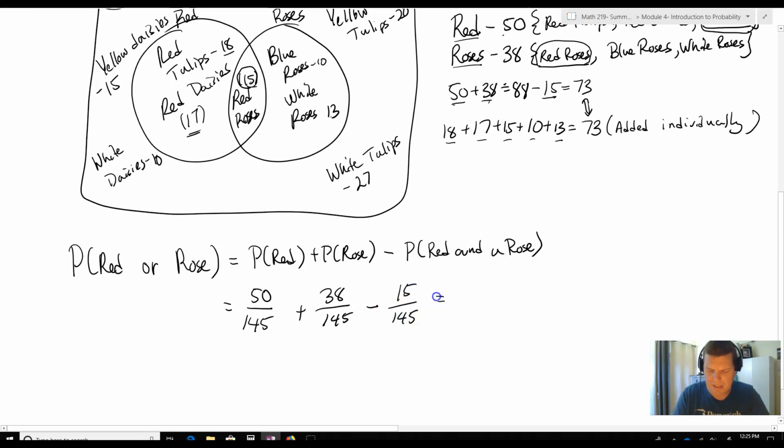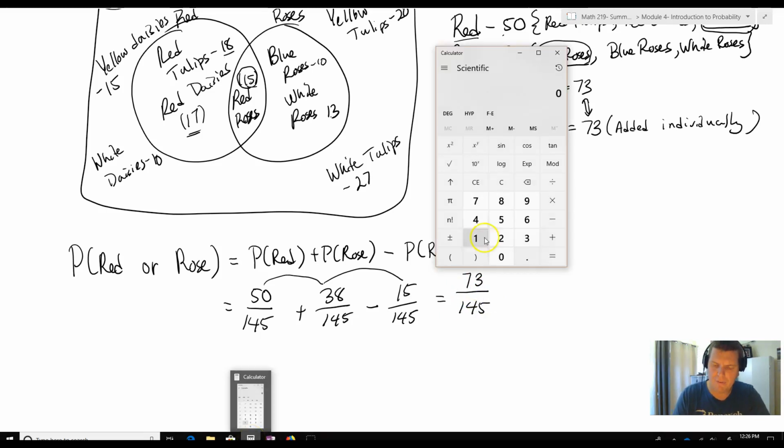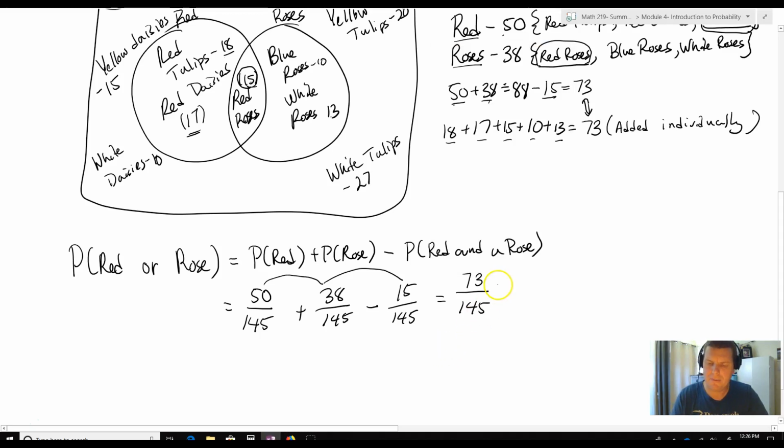And so you can actually see, remember adding fractions, 50 plus 38 minus 15, that's 73 out of our 145, and that's 0.503. And that's exactly what we should expect if we went through and we counted them individually. So that actually leads us to our addition rule.